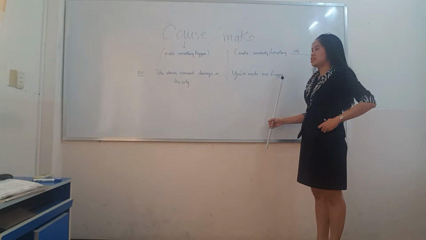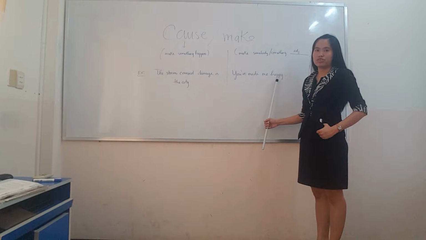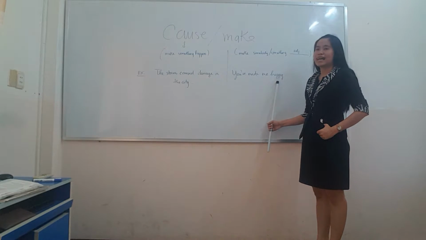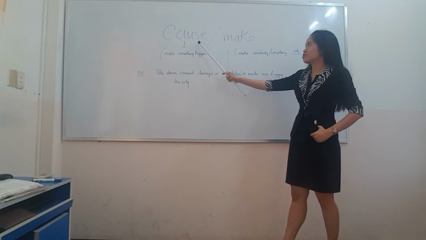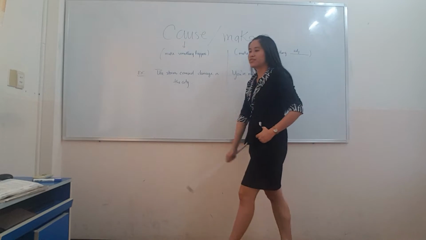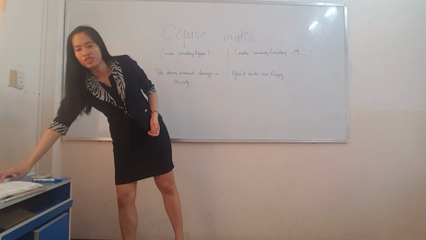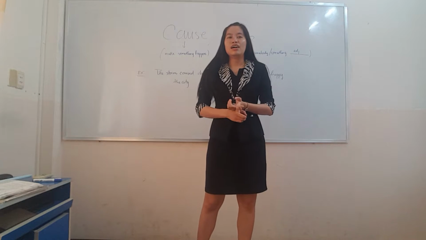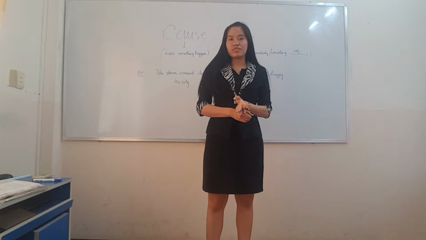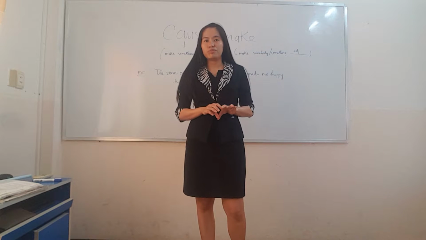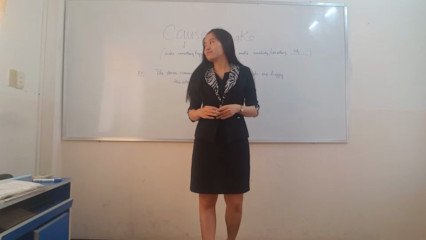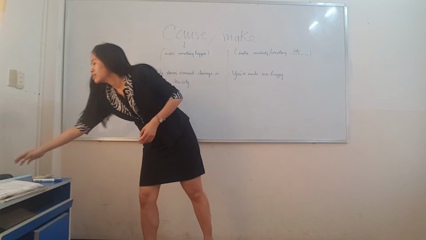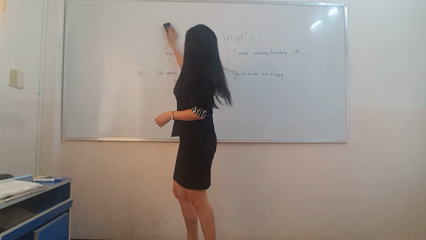You've made me happy, sad, bored, interested, excited. Thank you. So, cause, make. So that's the introduction. Just give them the names of the similar words, and then give them the differences.